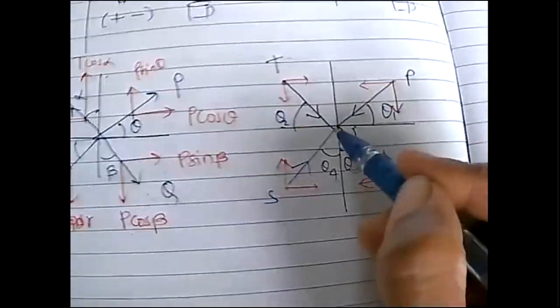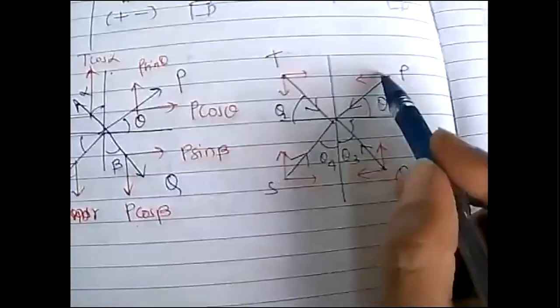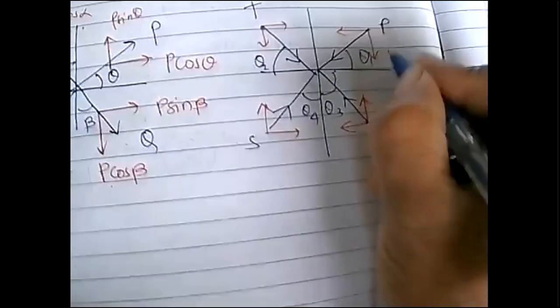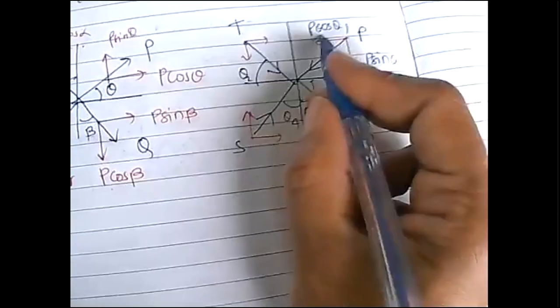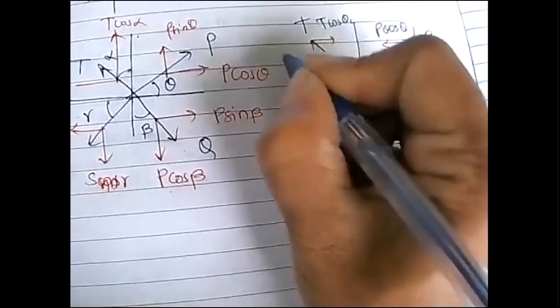If a force is going towards your joint, then the components also must be acting towards your joint. So this component will be P sin theta 1 and this will become P cos theta 1. Horizontal will become cos because the inclination is with horizontal. And for this, the inclination is again with horizontal. So P cos theta 2, P sin theta 2 will be there.